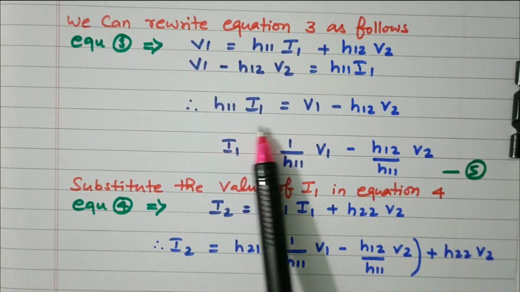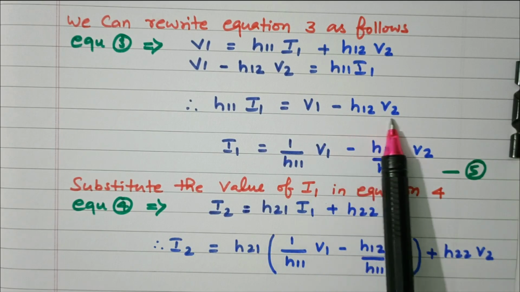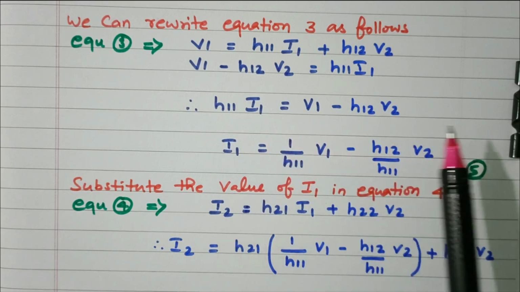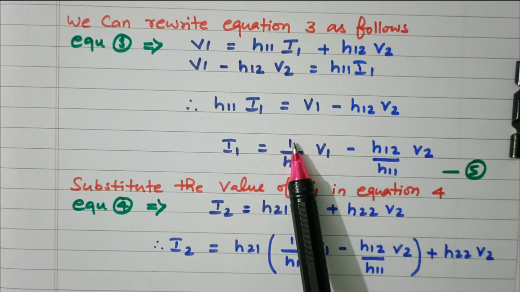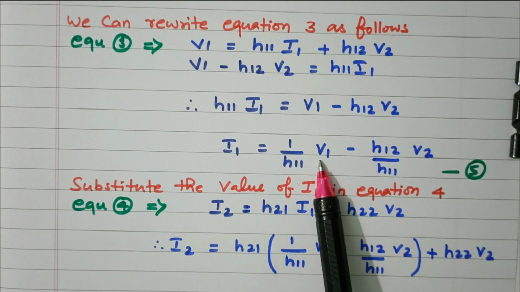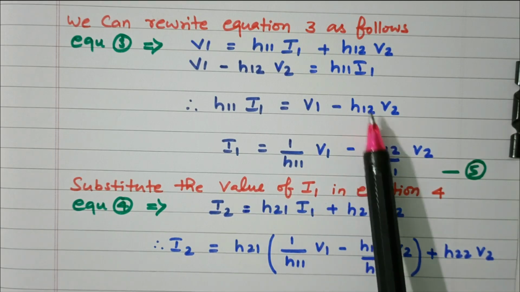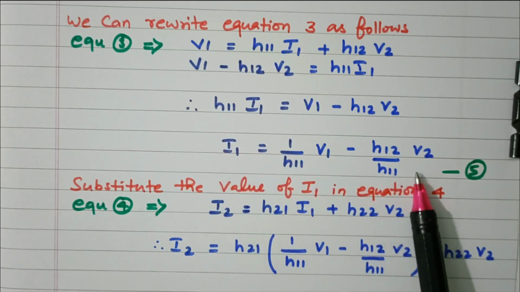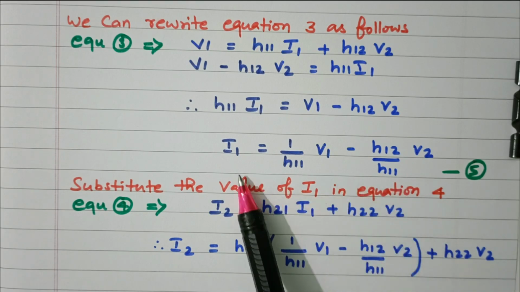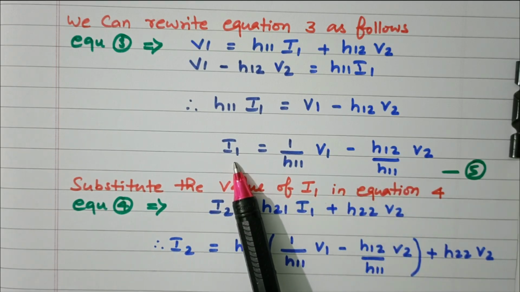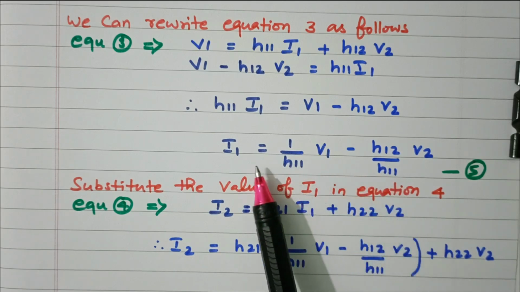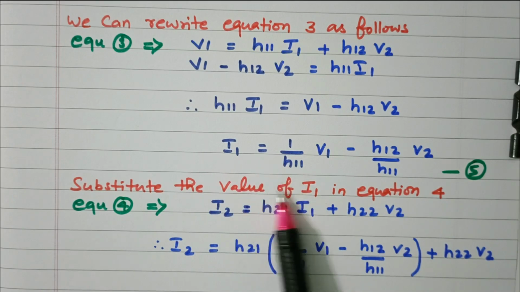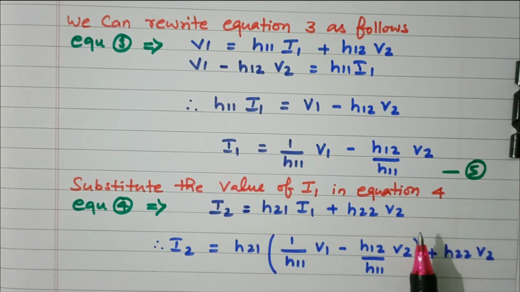So H11 I1 equal to V1 minus H12 V2. Now bring this H11 to the denominator of the right hand side. So what happened? I1 equal to 1 divided by H11 V1 minus H12 divided by H11 into V2. So now we got the expression of I1, this equation is simplified and we brought it in the form of I1. Take this equation number 5.